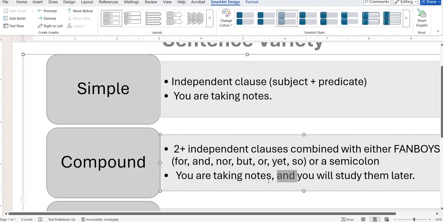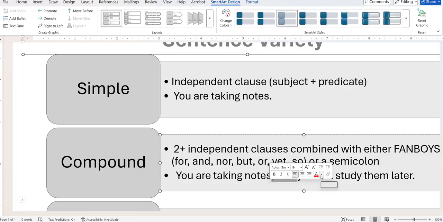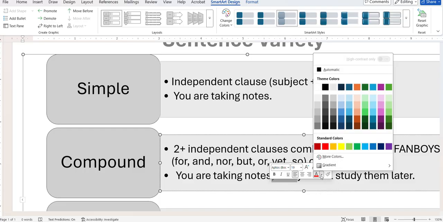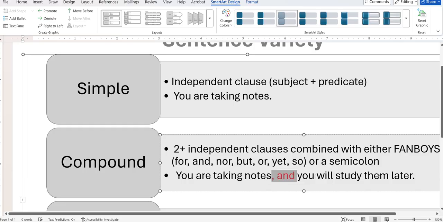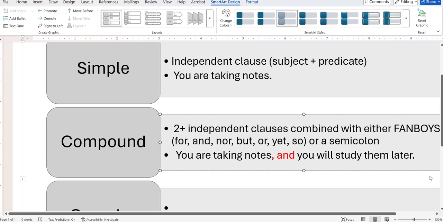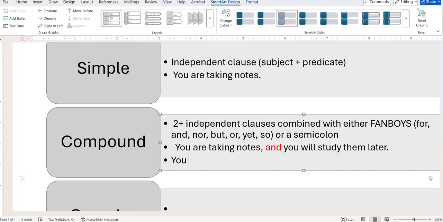Here I used one of the fanboys, but remember that comma rule, and I will write it on there again in a second if you need it again. Or you could say you are taking notes, and then to finish that idea, the purpose of taking the notes is to study them later. You could use a semicolon.